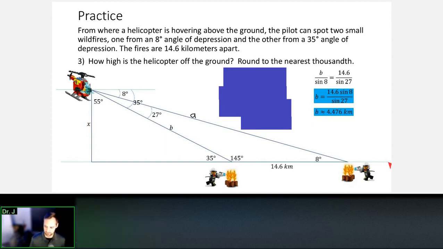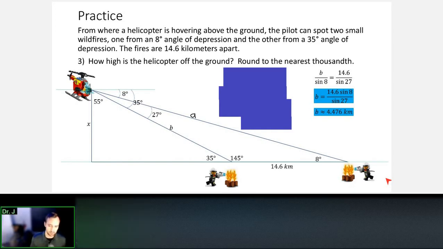It doesn't matter. So x over sine 35. Here's the side opposite the angle of 35, so you should have x over sine of 35. And on the other side, as Enzo did, you had b over sine of 90, right? And that's how most of you did it. And there's nothing wrong with that.